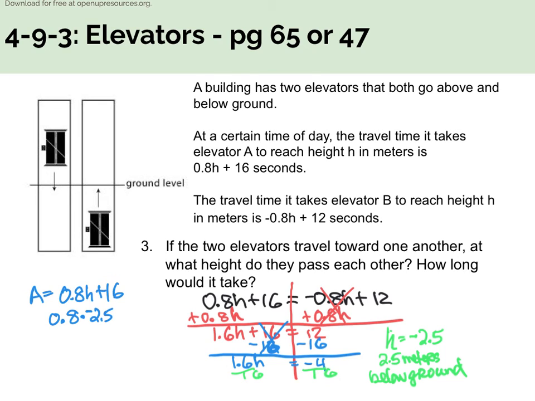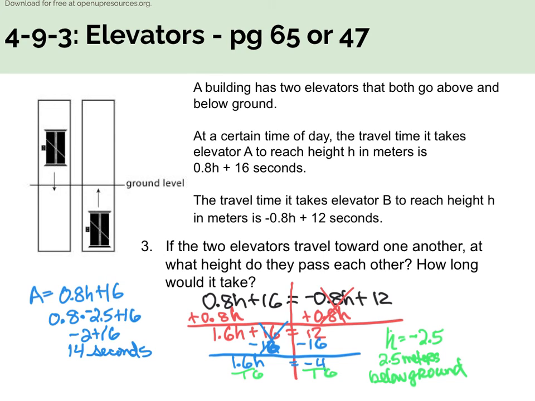Grab your calculator and then plus 16. We're going to do 0.8 times negative 2.5. That's going to be negative 2. And then we're going to add it to 16. So elevator A is going to take 14 seconds, the elevator will be below ground 2.5 meters.